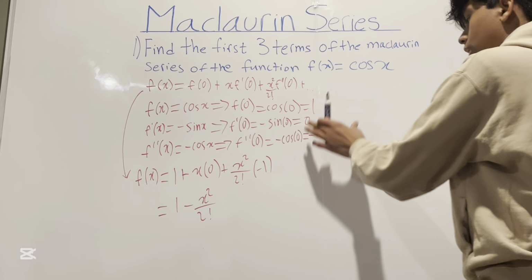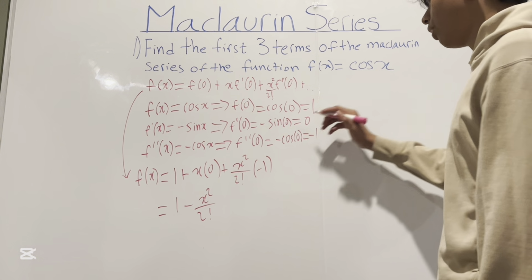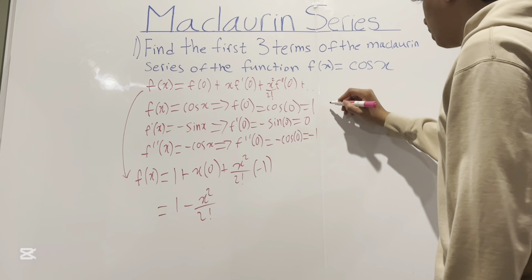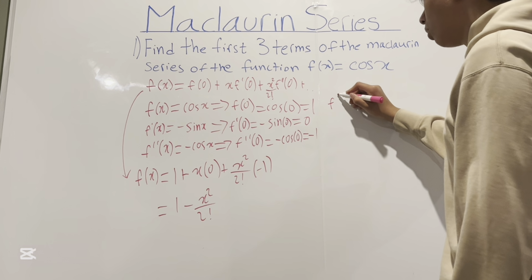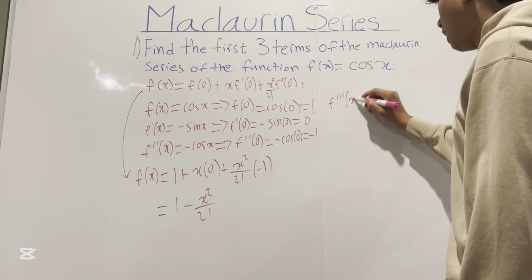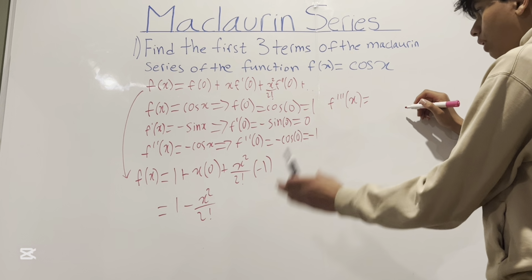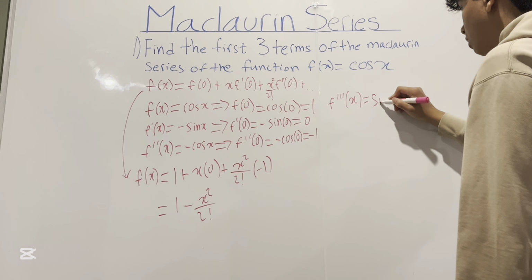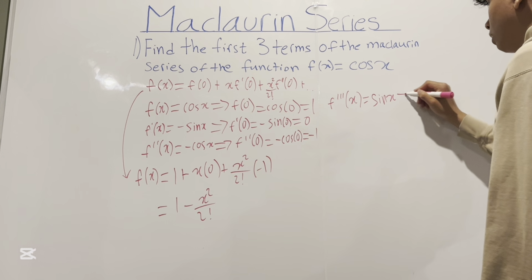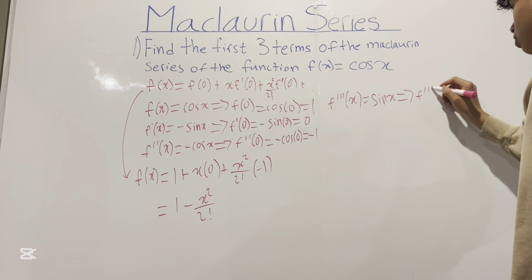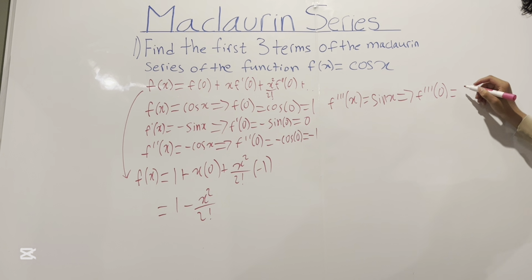So all we have to do is find the next derivative. f triple prime of x is equal to the derivative of negative cosine x, which is sine x. So f triple prime of 0 is equal to 0.